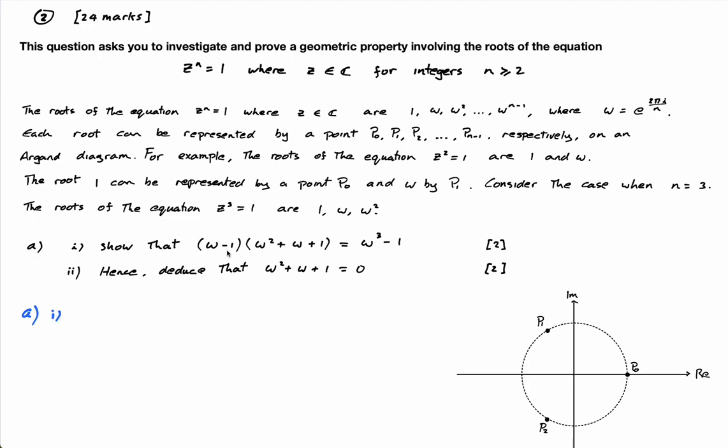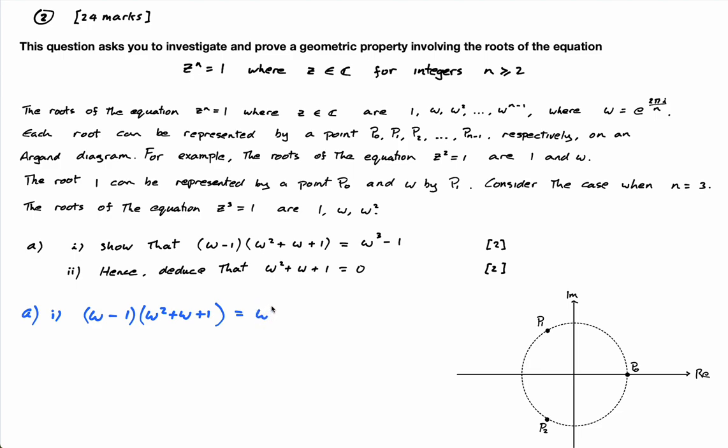Anyway, part 1. It says, show that omega minus 1 times omega squared plus omega plus 1 equals omega cubed minus 1. So this is nothing but algebra. Omega minus 1 times omega squared plus omega plus 1 equals, I'm just going to multiply it out.